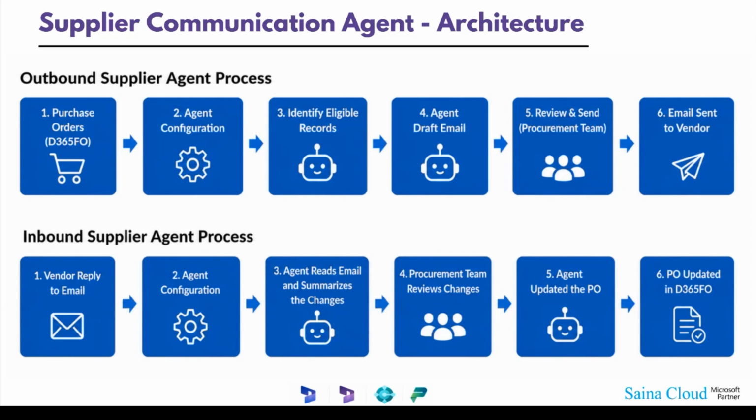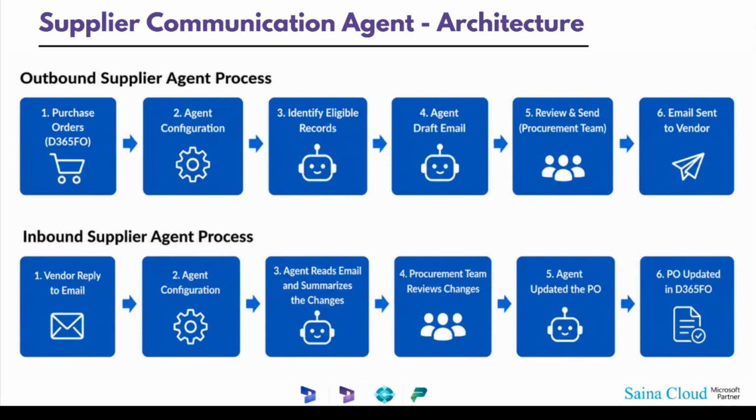Now, the other process is inbound. You have sent out a mail to vendors, and the vendor is going to see the mail and reply. He may confirm, he may not confirm, he may cancel, he may have delays, or he may want to change the quantity or the delivery date. There are n number of scenarios.